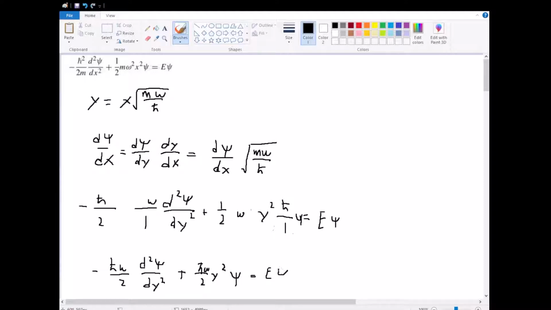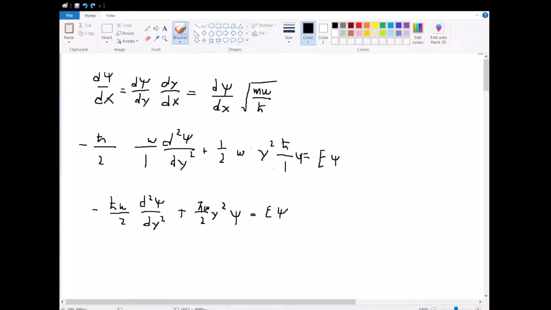So our new goal is now to solve this significantly simpler equation, at least in terms of all of those original really messy constants at the front. We've gotten rid of most of them, and we have something that's a little bit neater. If we actually want to solve this, then let's try to isolate the d2 psi by dy squared.